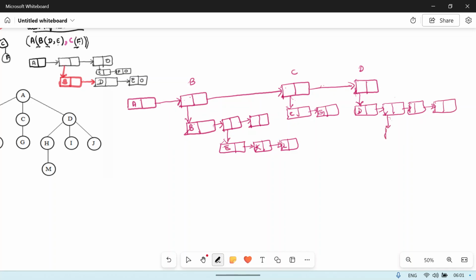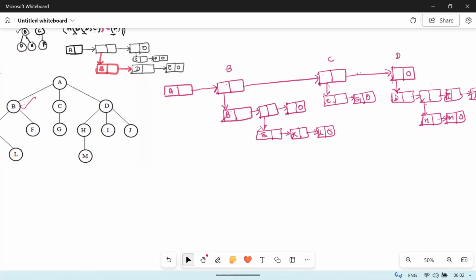Yes. So H shouldn't be represented there itself. You have to bring it to the next line. H and M. And here it would be I and here it would be J. And all the end nodes should have 0. This is how you do the list representation.